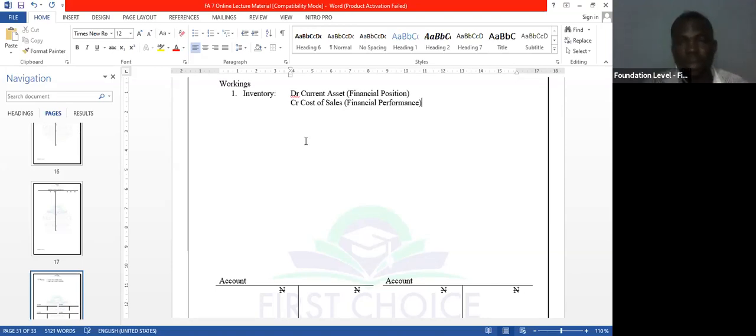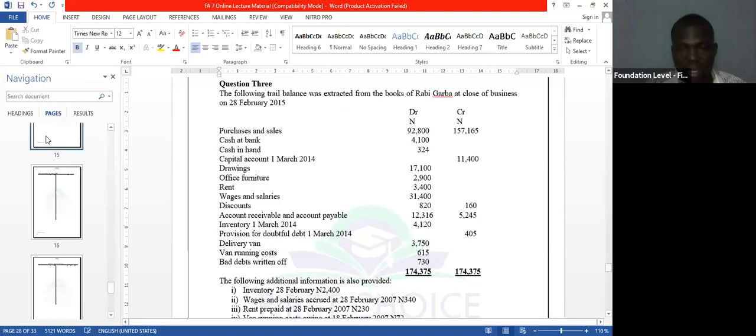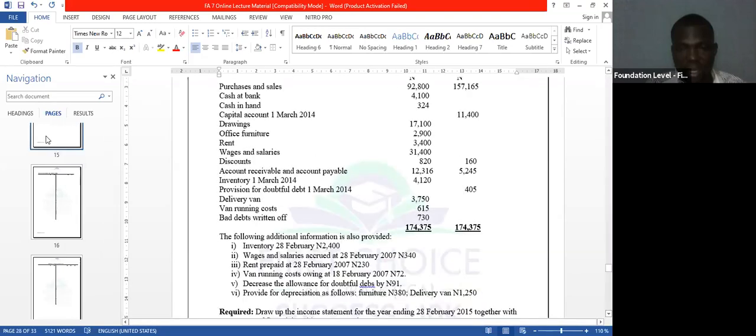So that is salary accrued. Normally, the way we calculate our wages, if you don't know, this is an opportunity for you to know: we pick the figure from wages and salaries in the balance, then we pick another figure from our additional information.